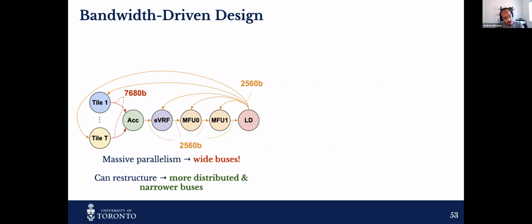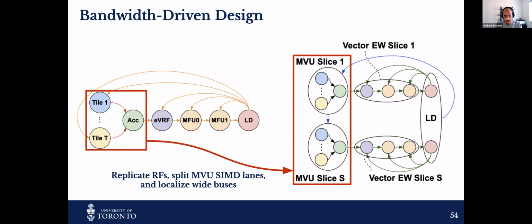And we started thinking about this structure of the NPU, and there's actually no real reason for this granularity of the NPU modules. We just inherited this granularity of modules from the baseline design. But if you think about it, most of those modules have independent SIMD lanes, for example, so you can restructure them and replicate some of the register files to break them down into smaller modules and distribute them even more and manage the output bandwidth of those different modules.